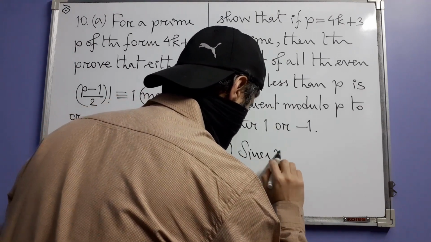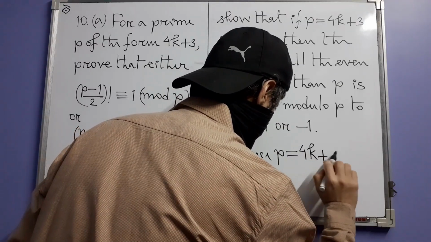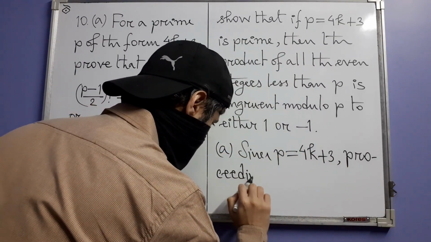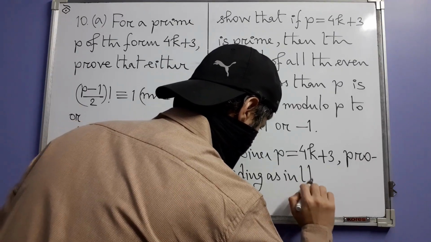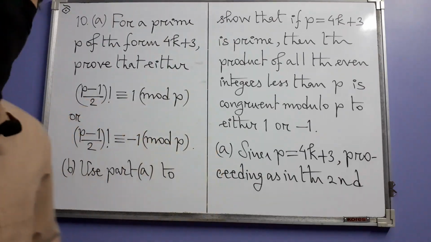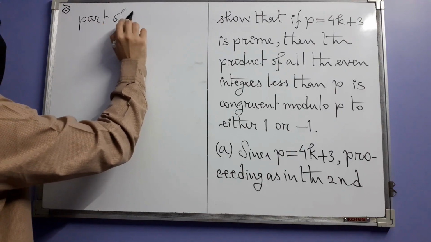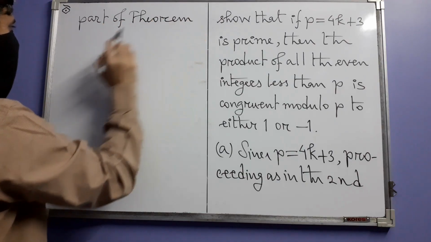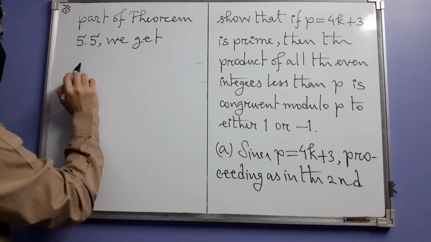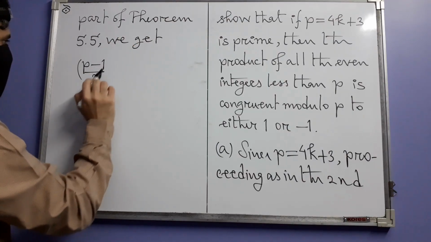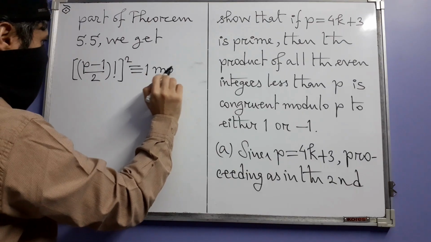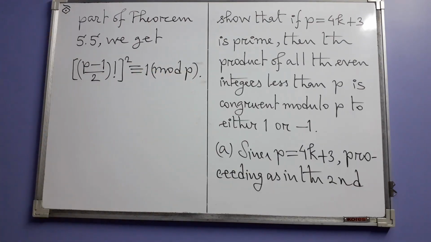Since p is of the form 4k plus 3, proceeding as in the second part of theorem 5.5, we get this congruence: p minus 1 over 2 factorial square is congruent to 1 modulo p. What does this mean?